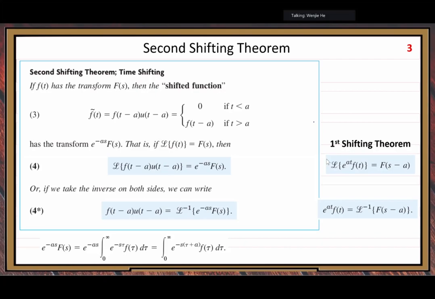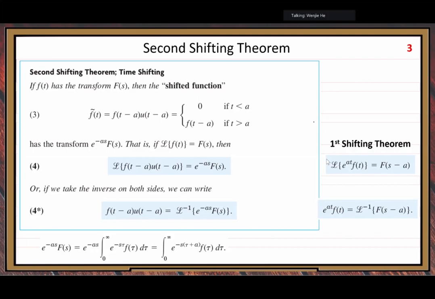By definition, that's the capital F function. Then multiply inside. Here you can see in this integral, tau is a dummy variable, so we treat e to the negative as as a constant number, and we can multiply it inside the integral.